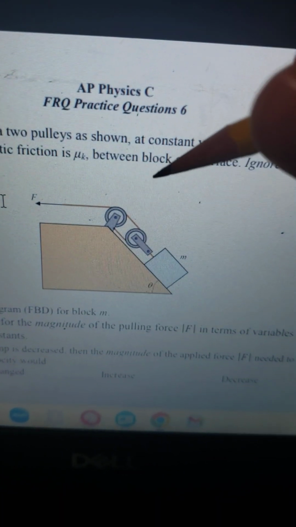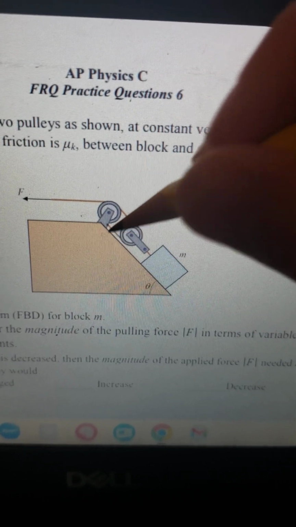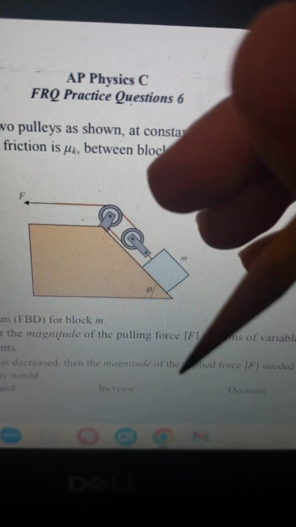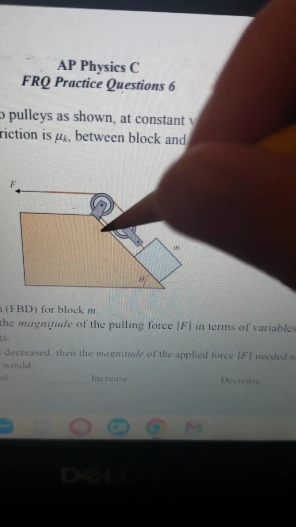I should label this as T, by the way, because of the free body diagram. Sorry, not F, T. I'm going to replace T with 2F because the tension is getting pulled by two strings pointing up. So that's why I assume it is 2F, because this string is being pulled up by two strings here.